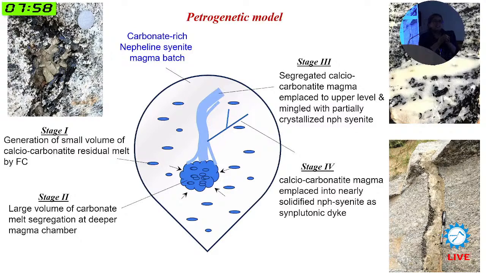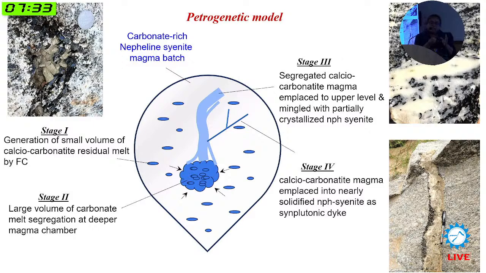In the second stage, these small pools are segregated, form a large pool, and are transported to the upper level, where they interact with some semi-solidified nepheline syenite and mingle at various stages. That will be the third stage, and the fourth stage.